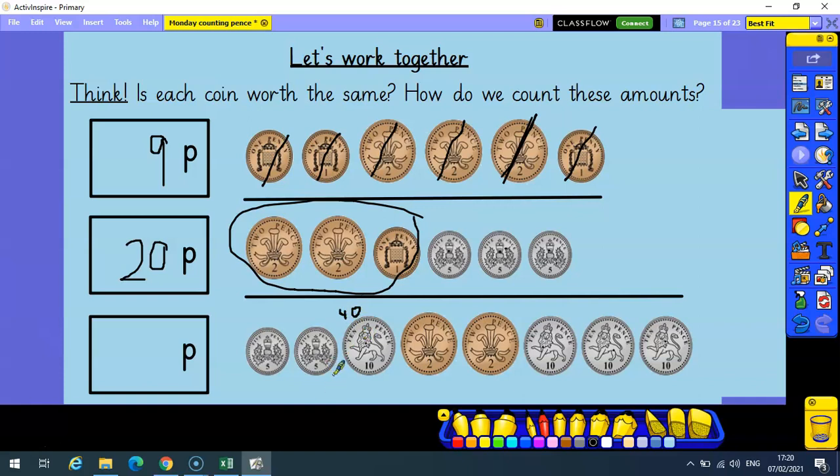Using your number bonds, 5 and 5 makes another 10, doesn't it? So we've actually got 10, 20, 30, 40, 50, 5 tens, and 2, 4, 4 ones. Ha ha! We did it!